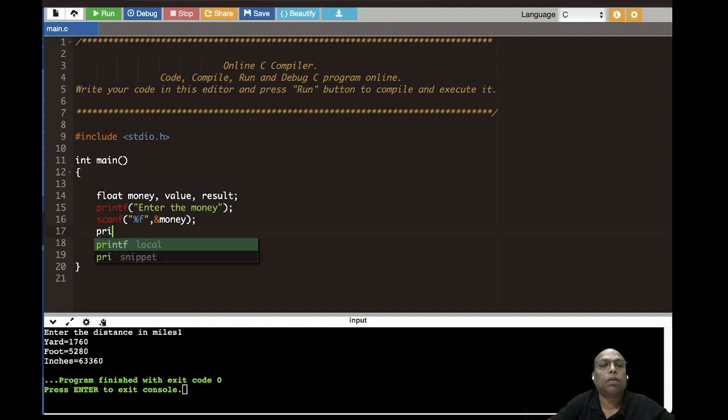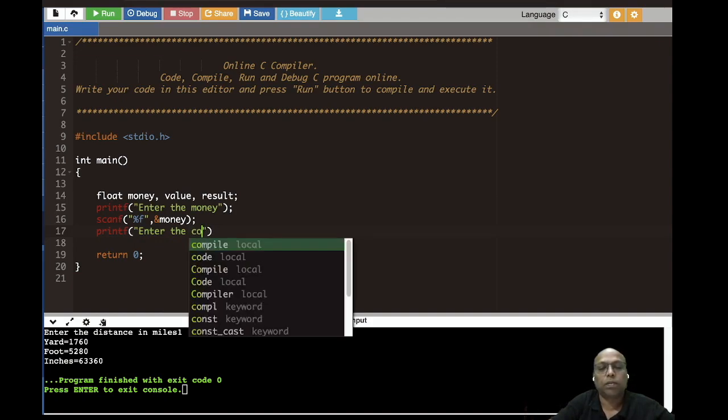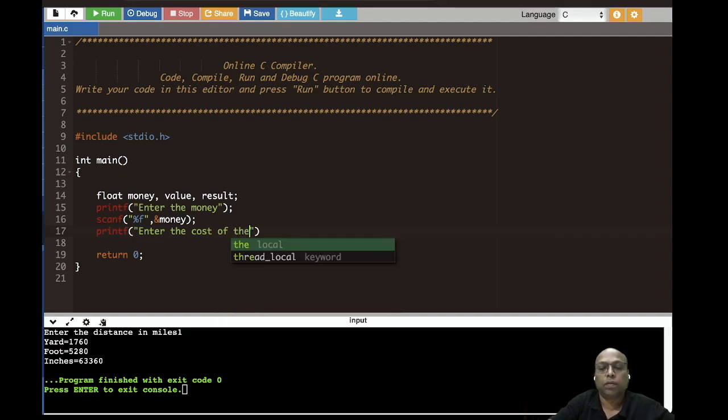Next, printf, enter the value of the ice cream, or cost of the ice cream.